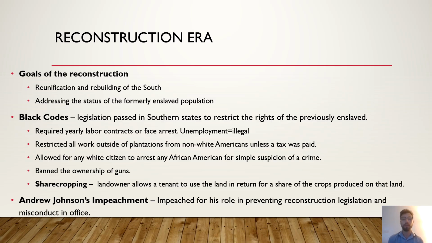We also have an additional goal, addressing the status of the formerly enslaved population. Not only are there individuals that were immensely oppressed that are trying to create individual sovereignty in this new nation, they are doing this in communities that have absolutely been devastated during this conflict, where those former oppressors are now themselves dealing with mass poverty.